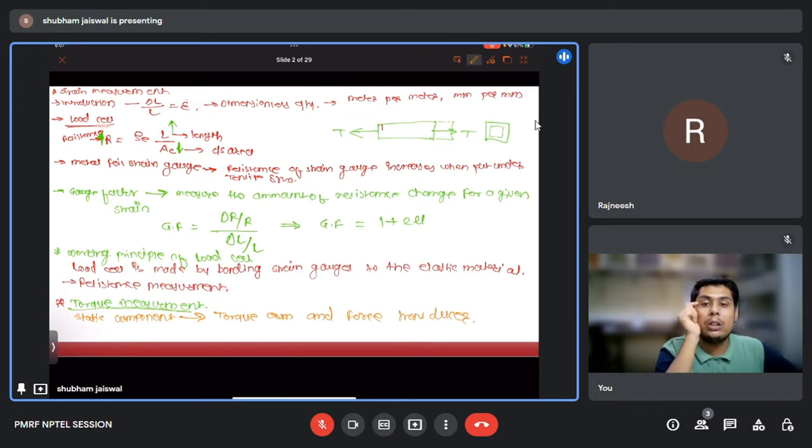Similarly, for dynamic measurement or for an engine, we use an instrument called a dynamometer. It works on the principle of absorption of torque, or converting the torque into heat.